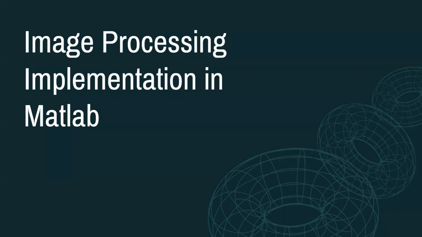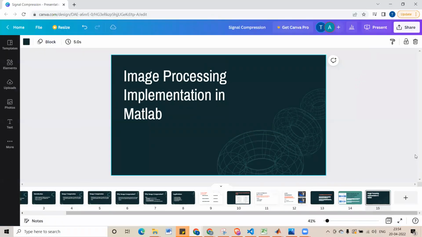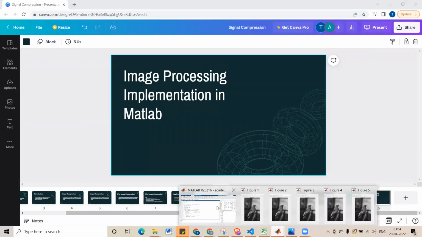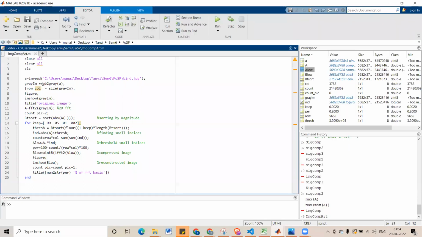Next, I would like to show you a demo of image processing implementation using FFT in MATLAB. Here is the code. First I input the image, then I convert it into grayscale for better illustration. I calculate the size of the image using the built-in size function in MATLAB.